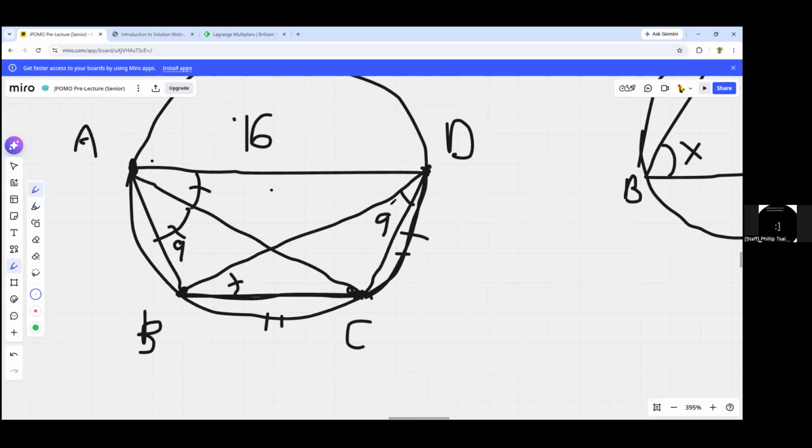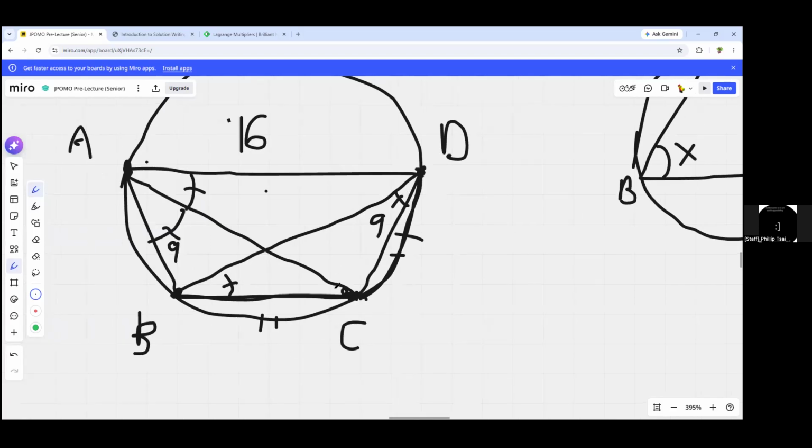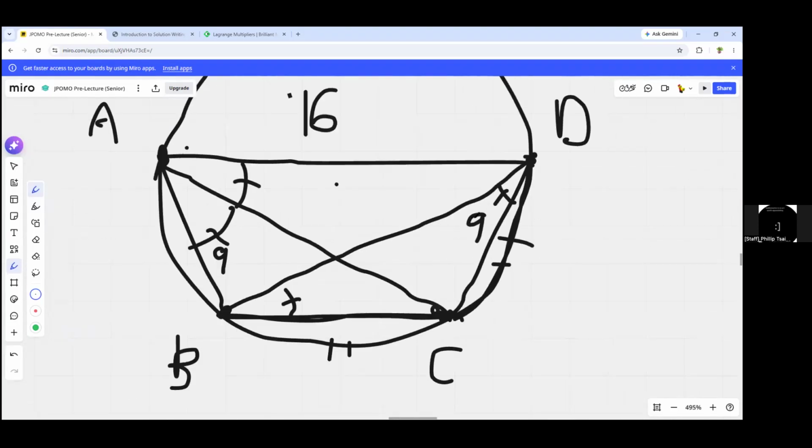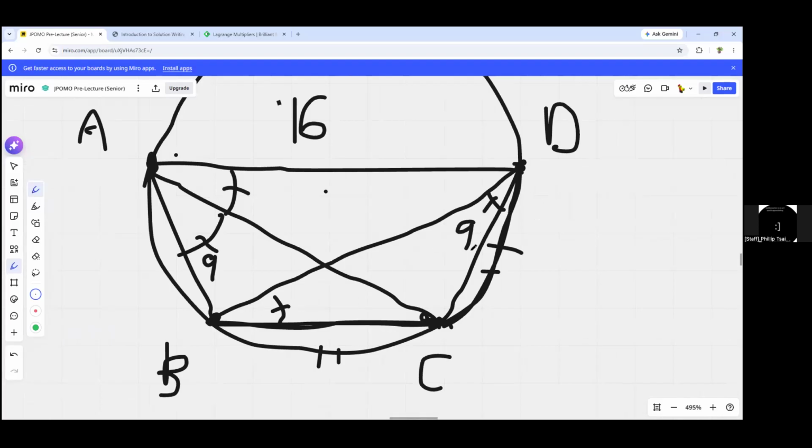So all these four angles right here are equal. We can now find the other length BC, because since these angles are equal, these sides must also be equal, which means this side length must also be 9.